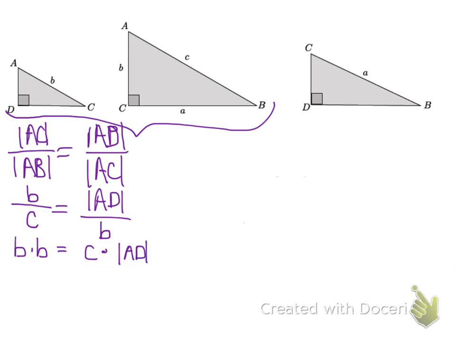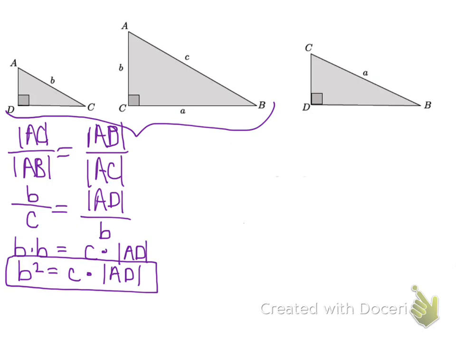Okay, so that is B squared is equal to C times length AD. Okay, so that's going to be important. That's an important step right there.